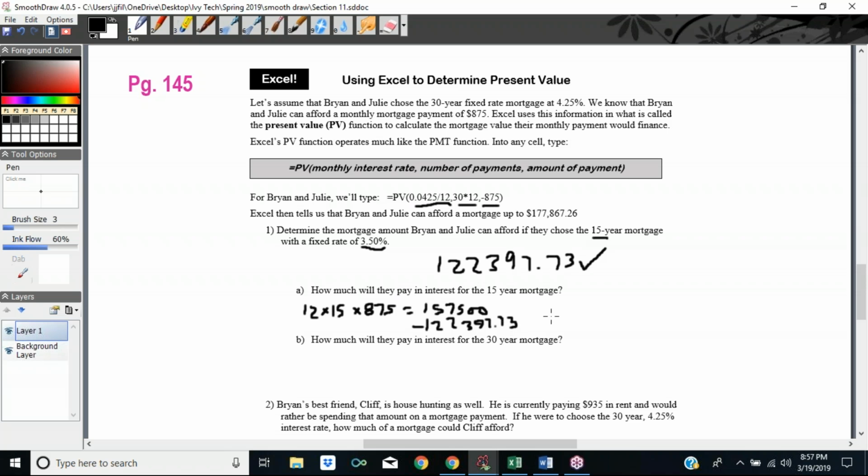So again, this $157,500 came from 12 payments, 15 years of payments of $875. That's how much they paid total. The amount they're borrowing is what we figured up here in this part. So the interest is the difference between the two, $35,102.27.